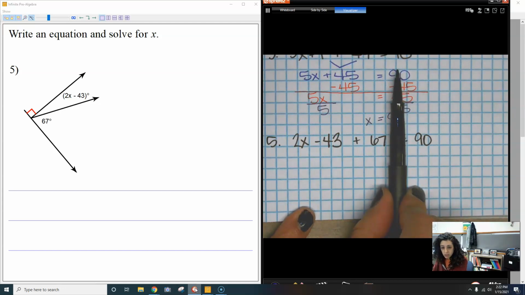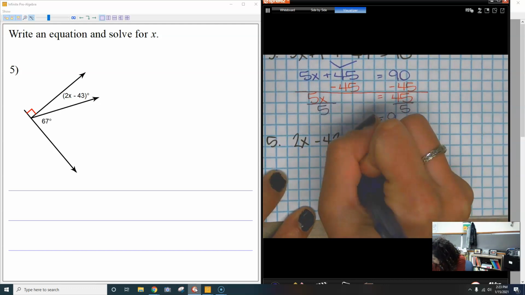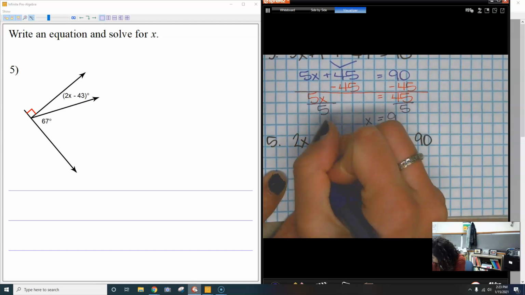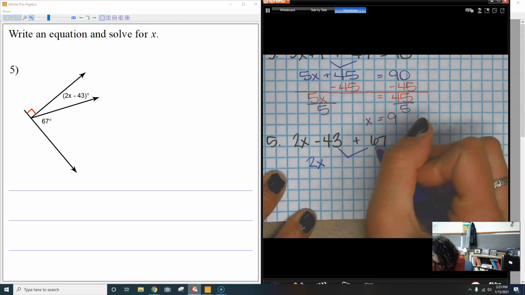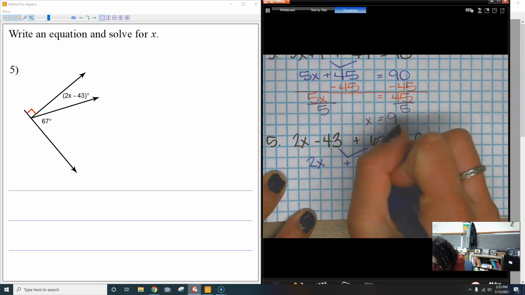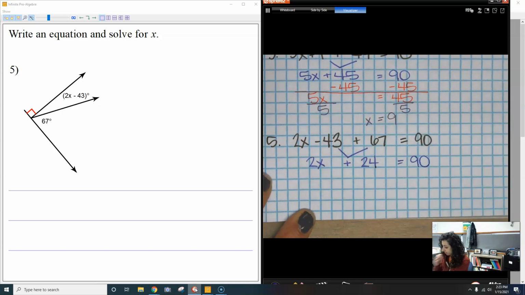There's nothing to combine with a 90, but on the left-hand side there's a 43 and a 67. But this isn't a positive 43, it's a negative 43. So when I combine it, I'm going to get 2x. If you don't remember your positive and negative rules, just please use a calculator, okay? 67 minus 43 is a positive 24 equals 90, okay?